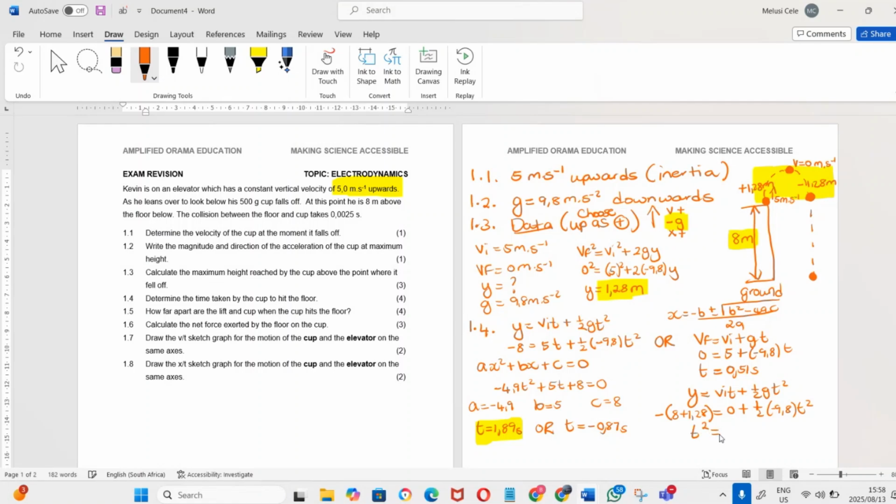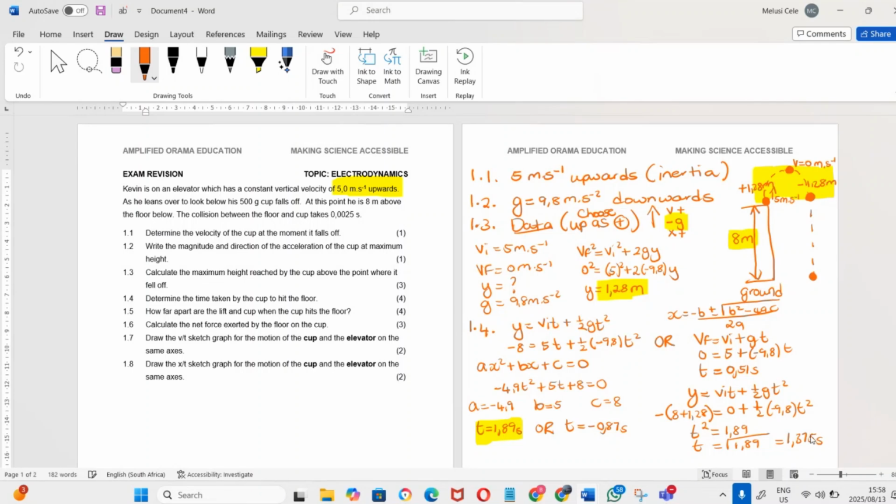And obviously I'm looking for t, so I need to find the square root of 1.89. And for that, I'm getting 1.375.